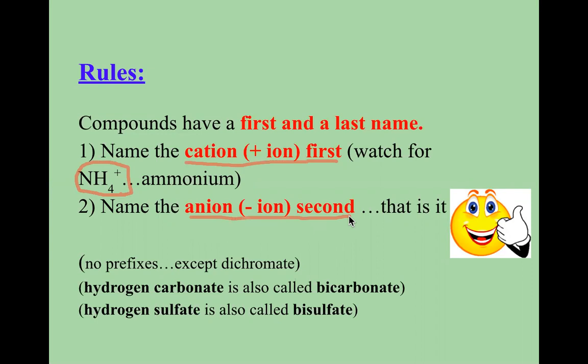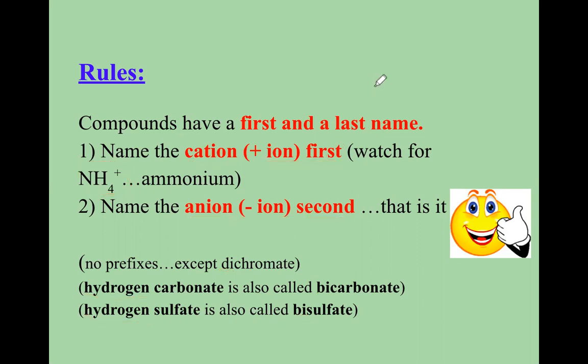That's it. So the same rules as binary ionic compounds: the positive ions first and the negative ions next. No prefixes except dichromate. And you can write hydrogen carbonate or bicarbonate. They are the same. And instead of hydrogen sulfate, if you write bisulfate, they are the same. Okay, these are the few exceptions, that's it.